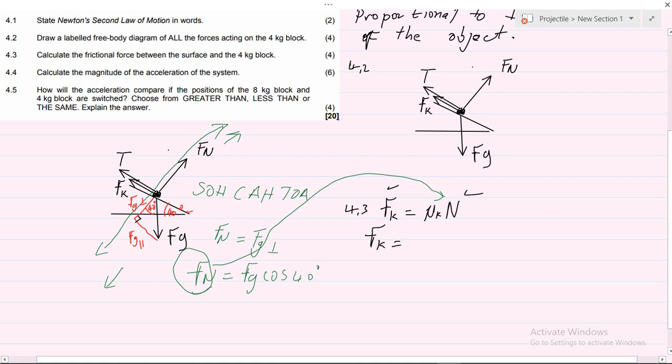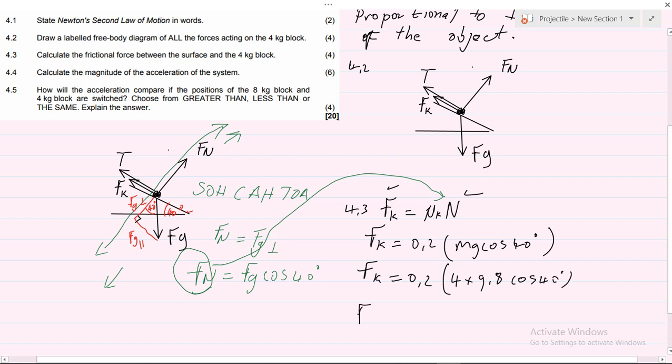So 0.2 times Fg, and we know that Fg is mg, so it's mg cos 40 degrees. So Fk is equal to 0.2, then mg is 4 multiplied by 9.8, cos 40.